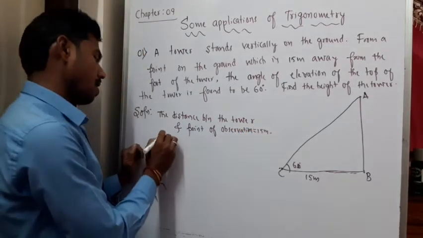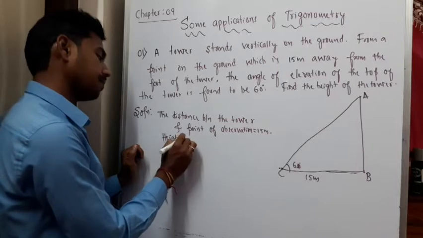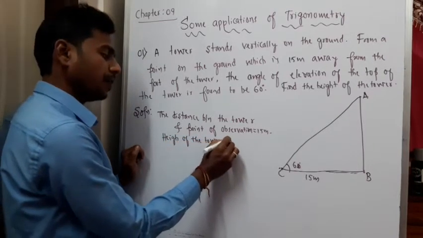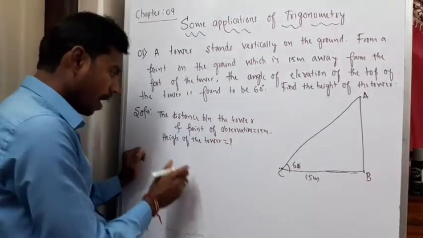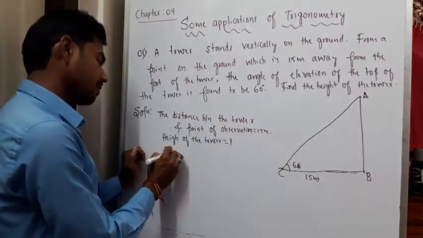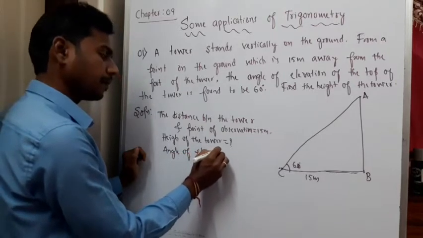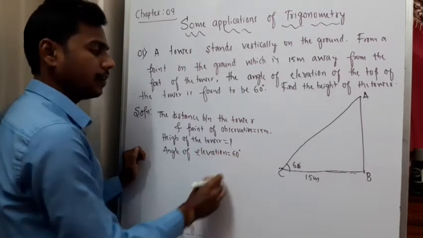So the height of the tower we need to find, and we have the angle of elevation equal to 60 degree. This is the given data.